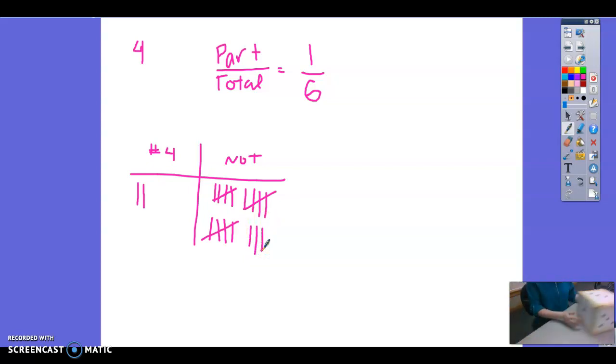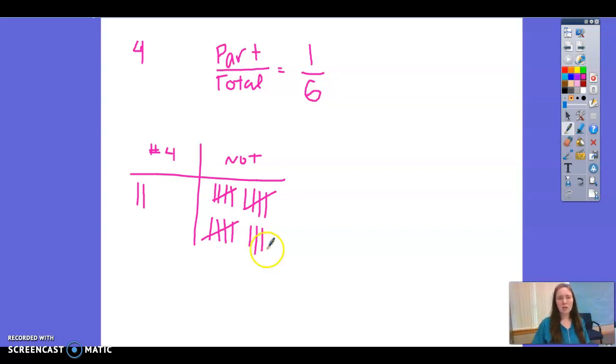Okay, so we rolled it a total of 20 times. In theory, our theoretical probability was that 1 in 6 should have been the amount of times that we got the number 4. Let's figure out what's our reality, or I should say experimental, and see how close they were to each other.